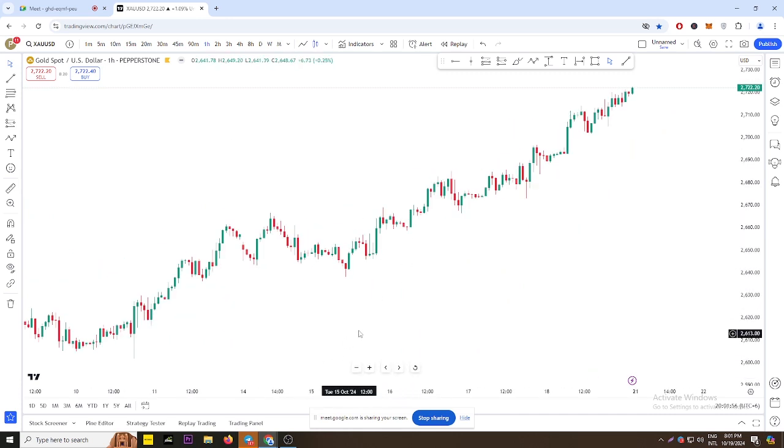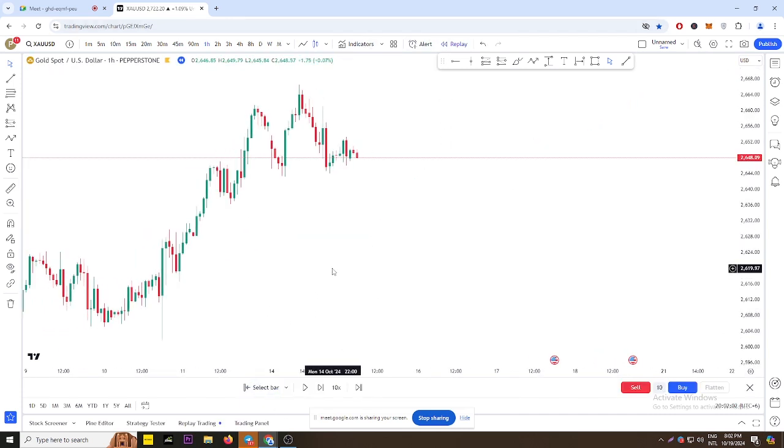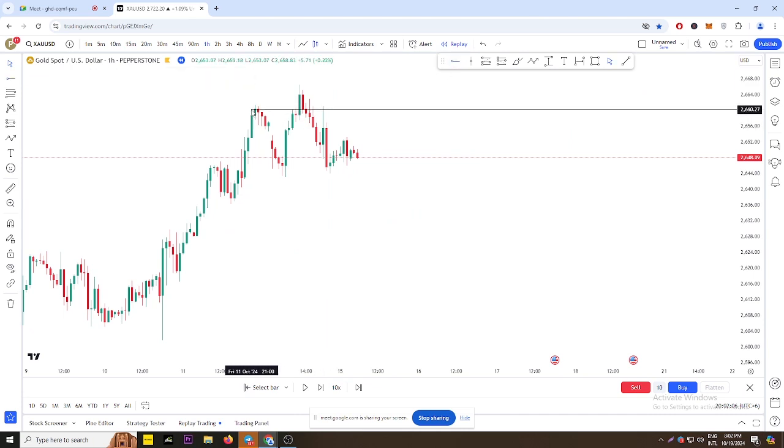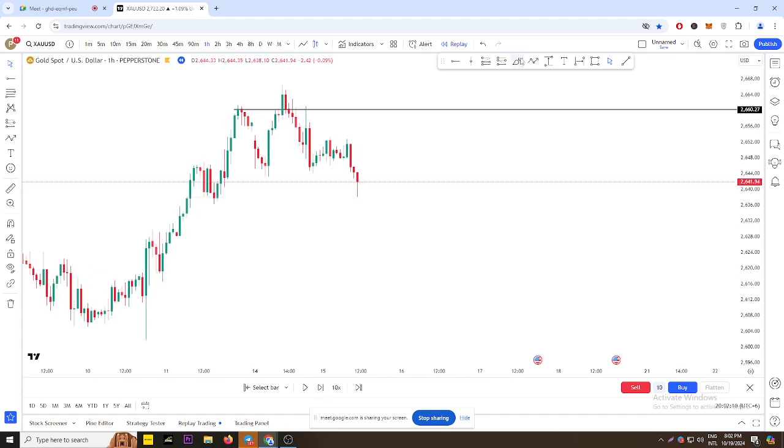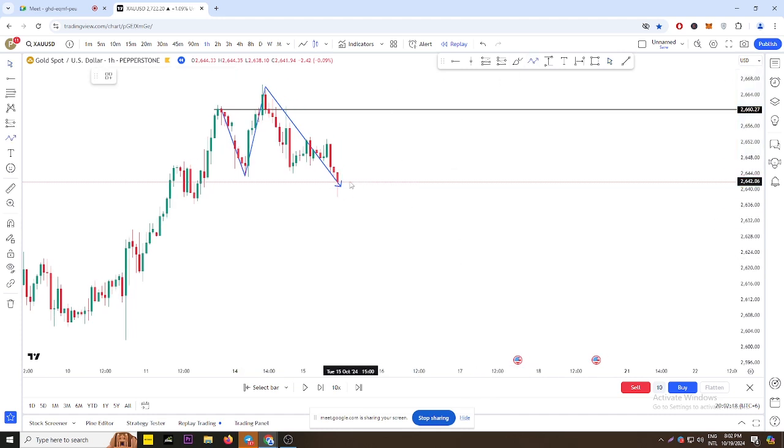Now let us start with QM manipulation. We have a recent example of QM manipulation. We have a QM sell here, isn't it? It just created a sell formation, like we have a high, a low, a high, a low. So what is the expectation?